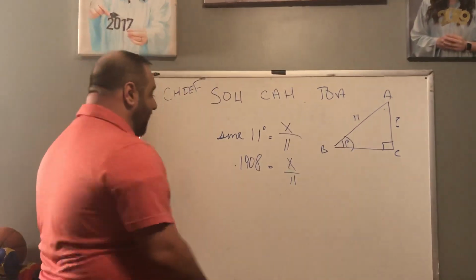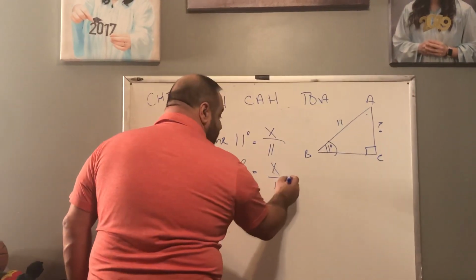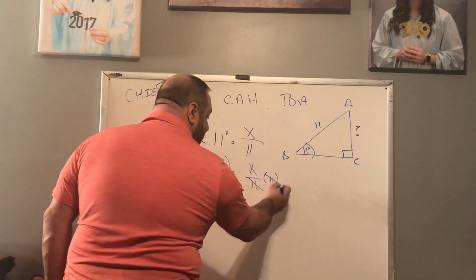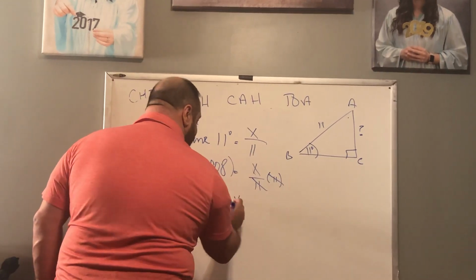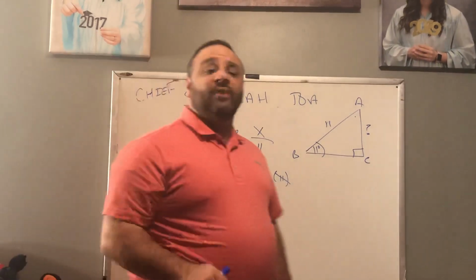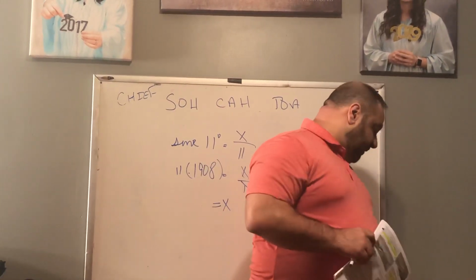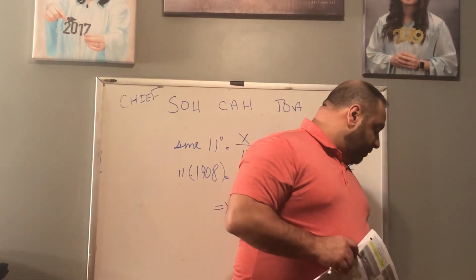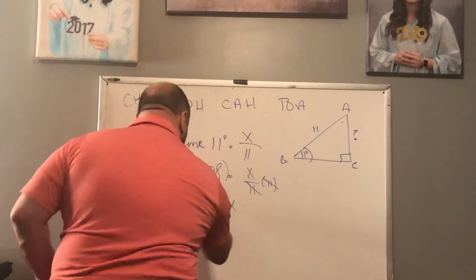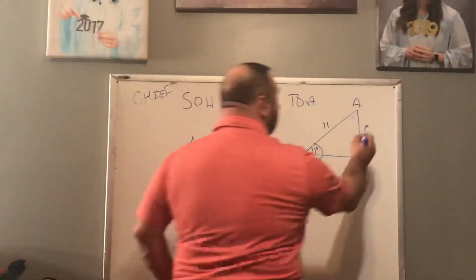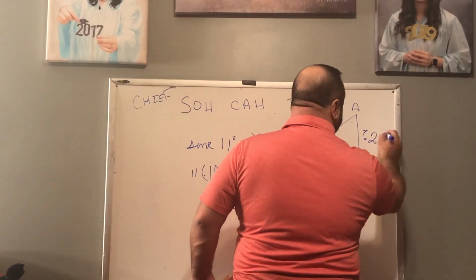To get x by itself, we multiply both sides of our equation by 11. So x is equal to, get your calculator out, 11 times 0.1908, and you should have 2.10. The length of AC would be 2.10.